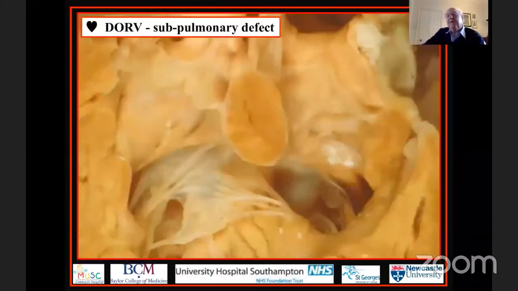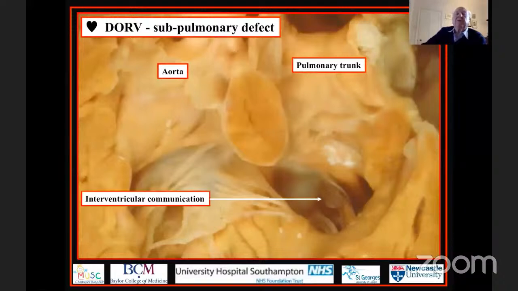Let's compare that to double outlet right ventricle with a subpulmonary defect. There again, you see the aorta is parallel and rightward relative to the pulmonary trunk. And once more, you see the interventricular communication. Now, as in the arrangement when the defect is subaortic, the interventricular communication still opens into the right ventricle between the limbs of the septomarginal trabeculation or the septal band.